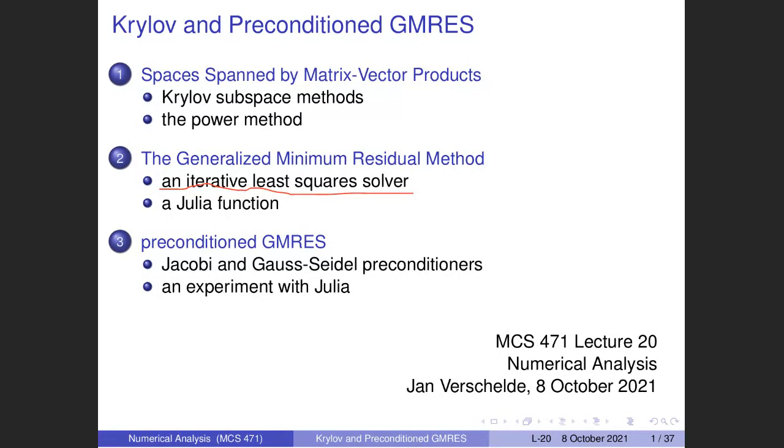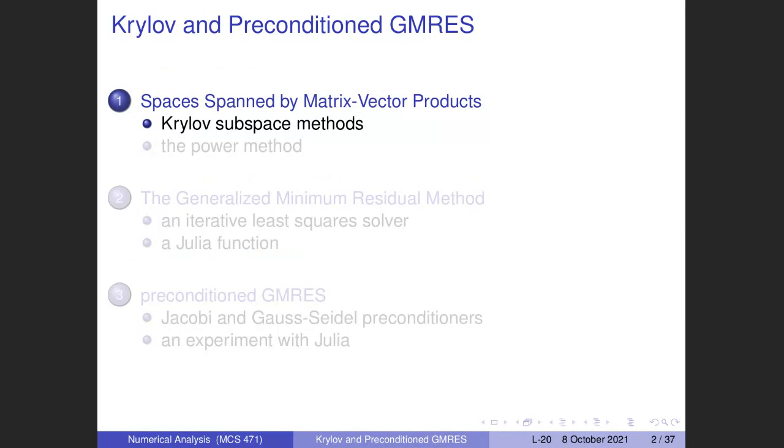In arriving at the generalized minimum residual method, we will see the power method to compute the most dominant eigenvector and the largest eigenvalue in modulus. So let's start first by considering spaces spanned by matrix vector products.